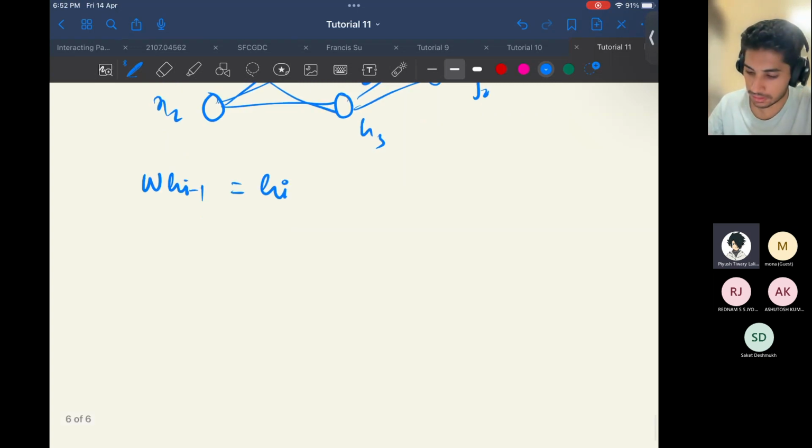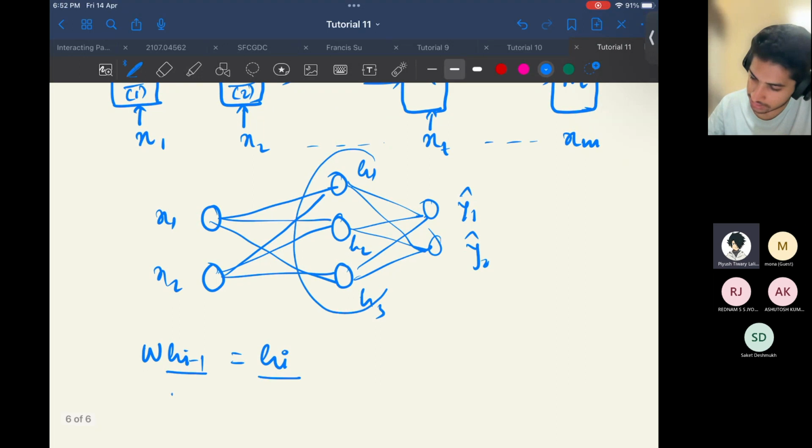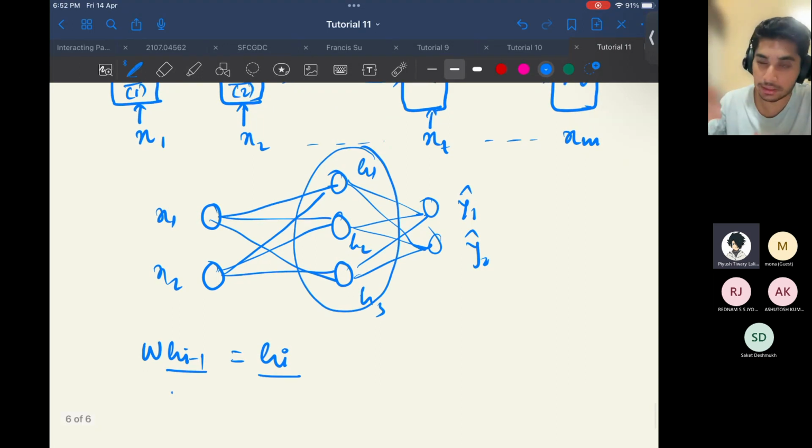To compute the weight, we should know the dimension of the input, which is h_{i-1}, and the output, which is h_i.